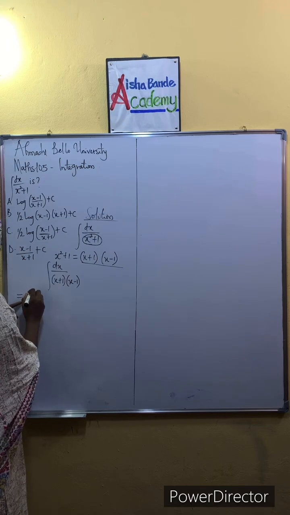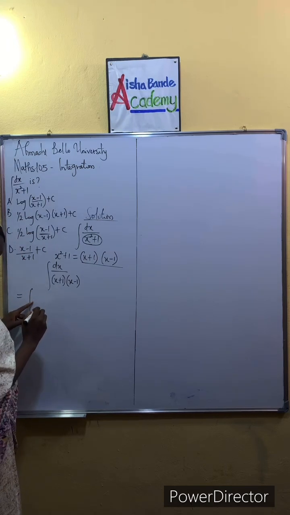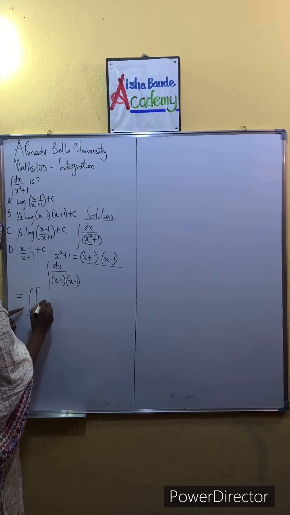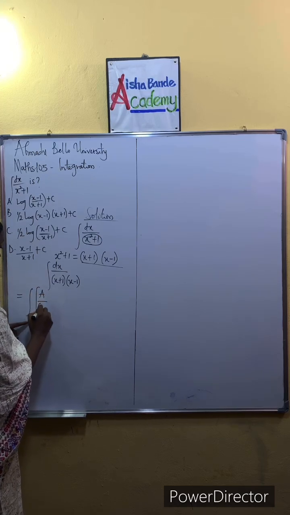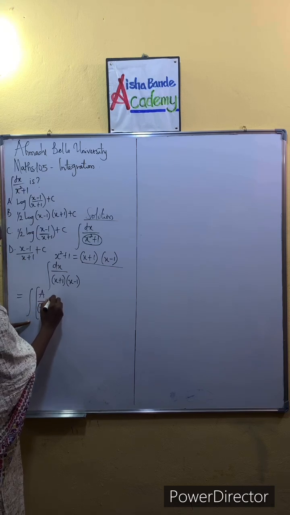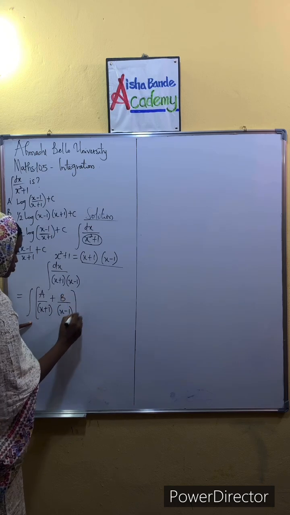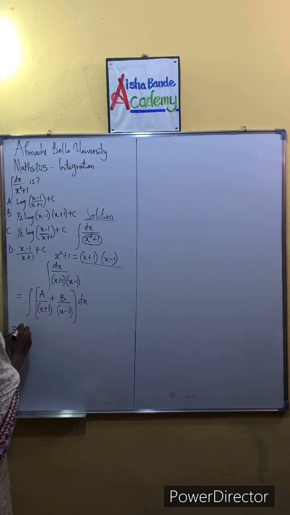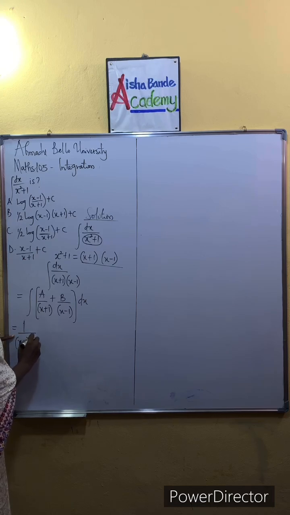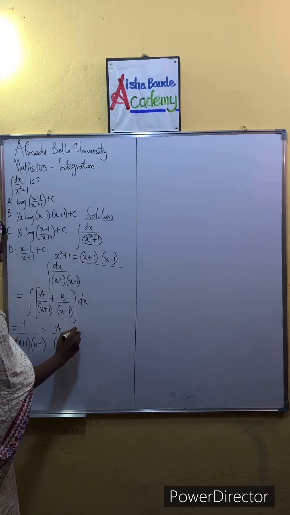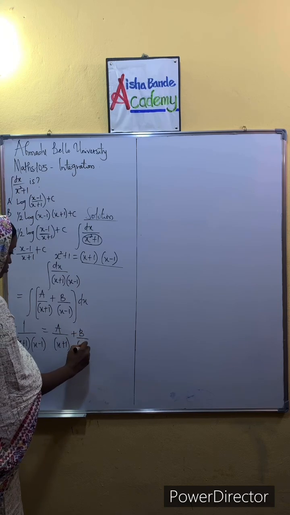So now this becomes the integral of (a over x plus 1 plus b over x minus 1) dx. So 1 over (x plus 1) times (x minus 1) is equal to a over x plus 1 plus b over x minus 1.